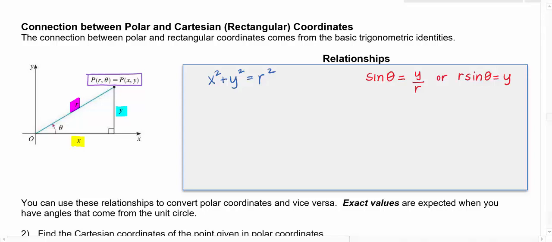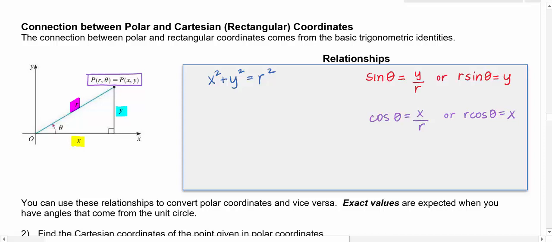And I can do the same thing for cosine theta. So I can say cosine of theta is adjacent, which is x, over hypotenuse, which is r. And again, you can have that same sort of philosophy here, multiply everything by r to have no fractions there.